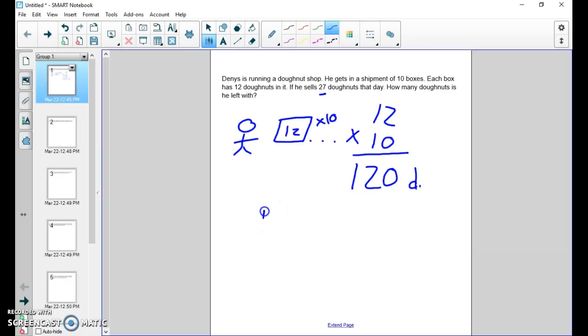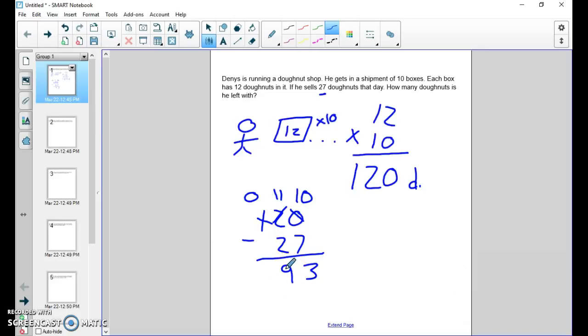So let's do 120. That's how many donuts came in. And then he sold 27. Okay, so 0 minus 7, we cannot do that right now in our mathematical careers. So I'm going to borrow 3. 1 minus 2, can't do that. Let's borrow 11 minus 2, 9.